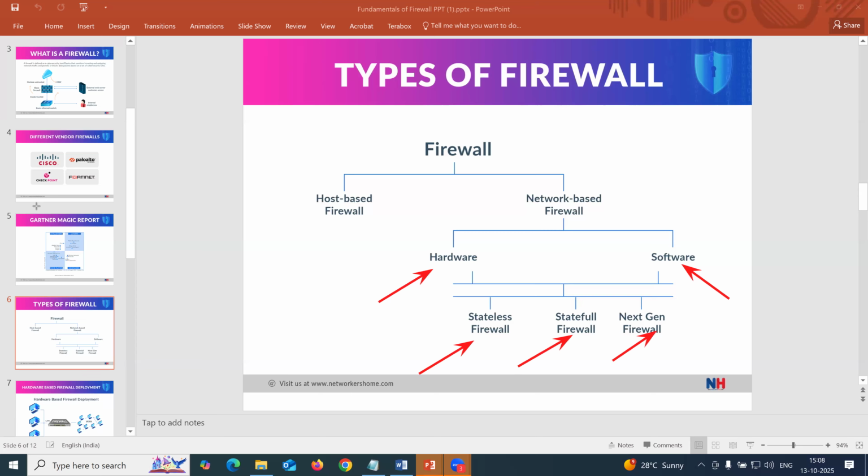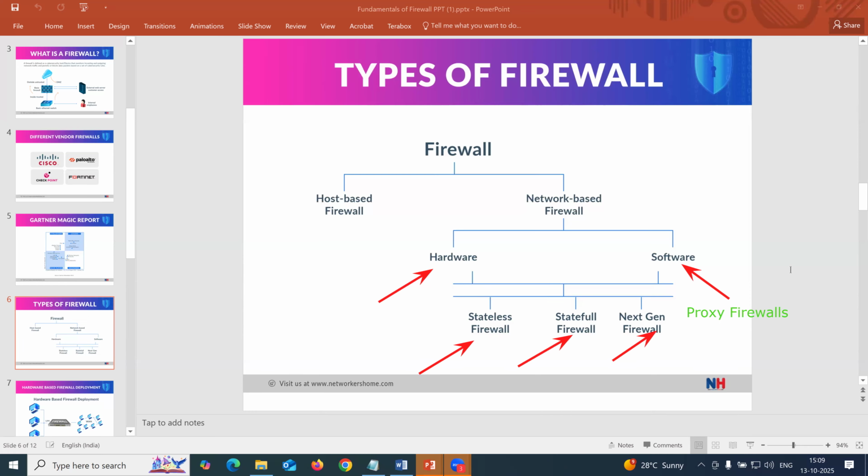And somewhere you might hear about proxy firewalls, right? But I generally don't consider a proxy device as a firewall. It's not a dedicated device to filter your network traffic. It has some limitations.